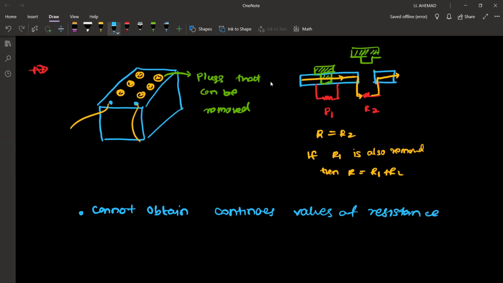But what is the advantage here? Here you know what value you are going to get. The value of the resistance can be obtained.